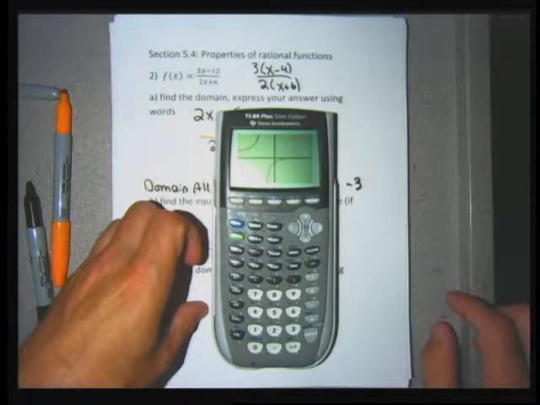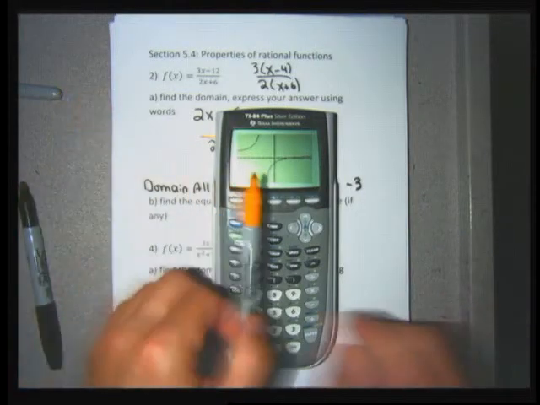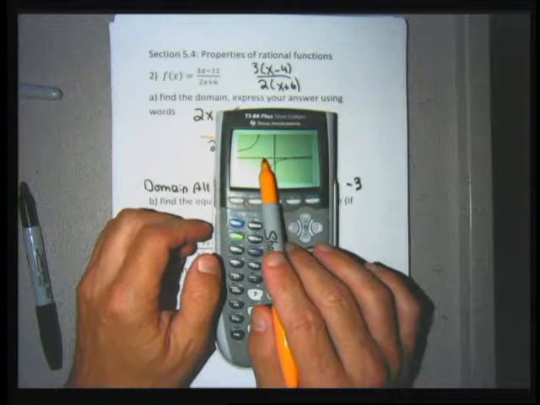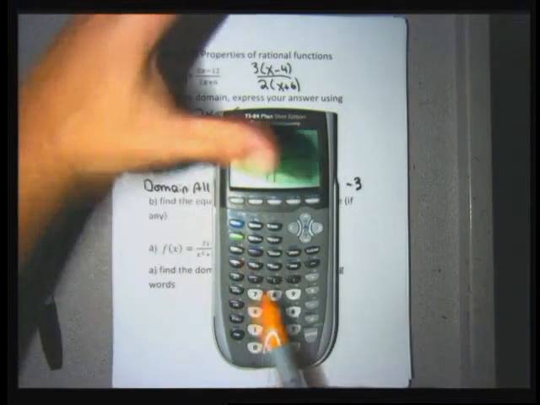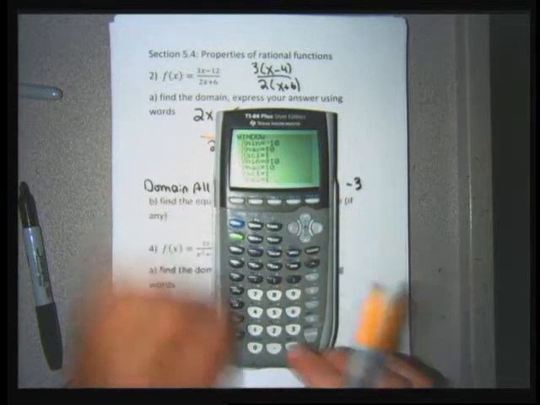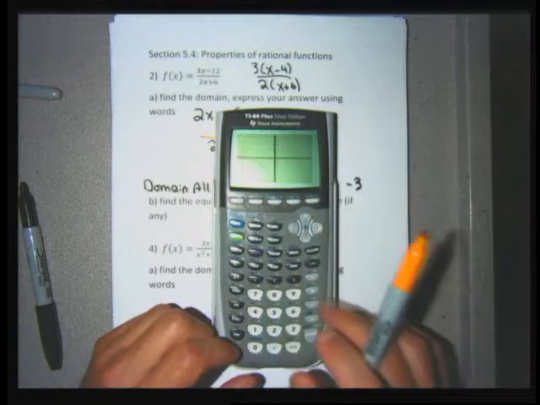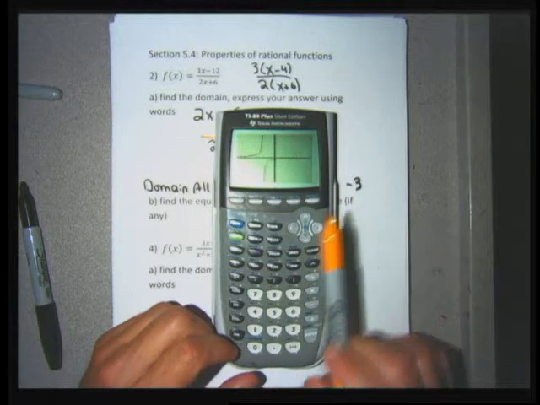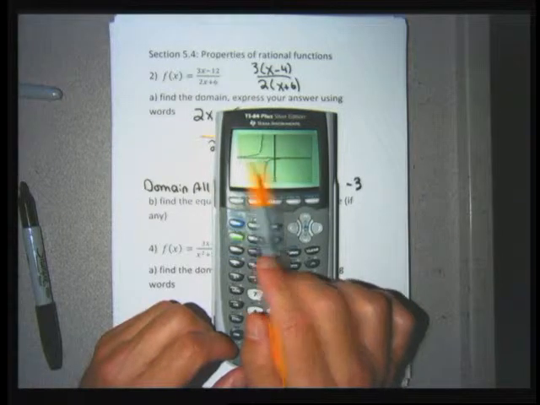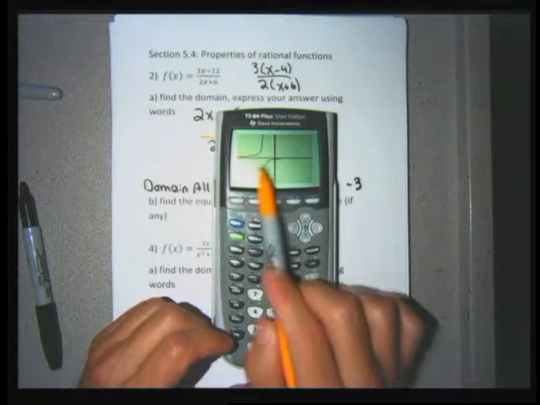What's going to happen is that there's -3 on the x-axis. Let me tweak my window a little bit so it goes higher and lower, and I'll talk more in a second. Let me make my y's really get extreme, from the 50s. The graph is going to exist to the left of -3 and to the right of -3, but not at -3.